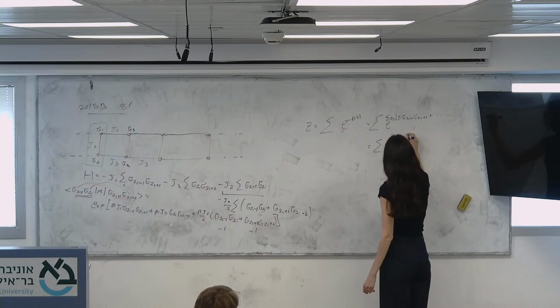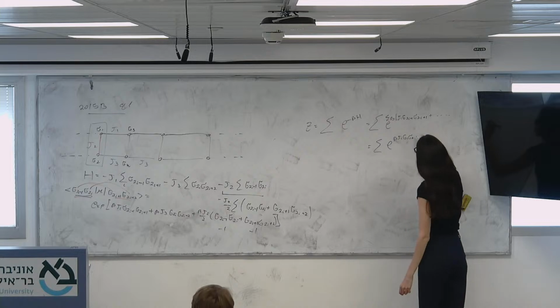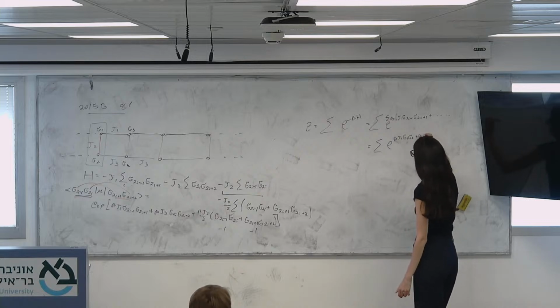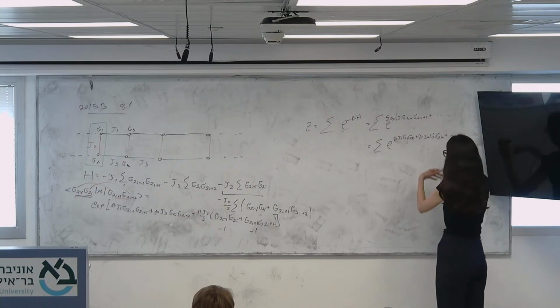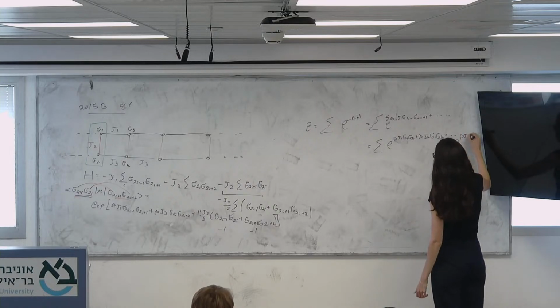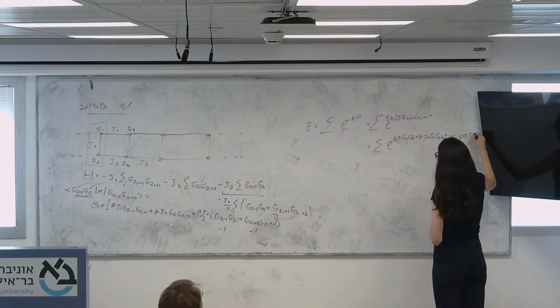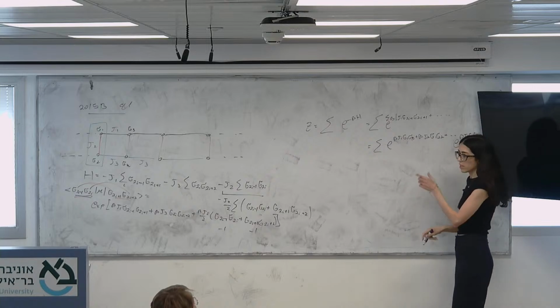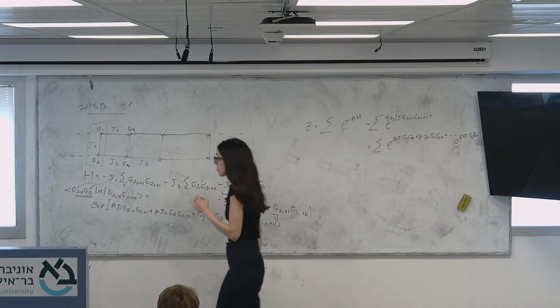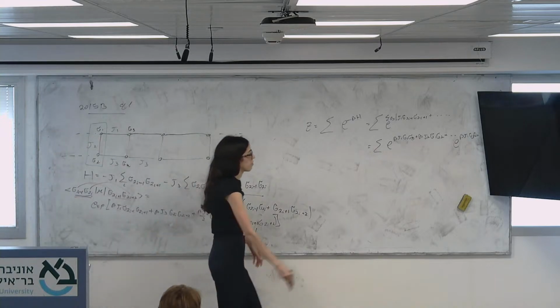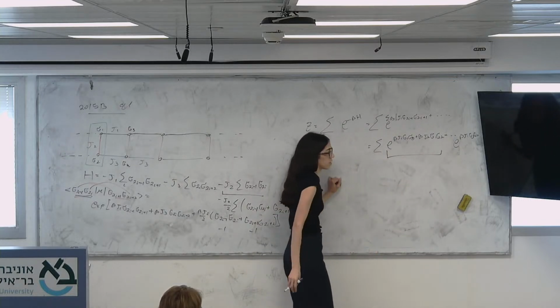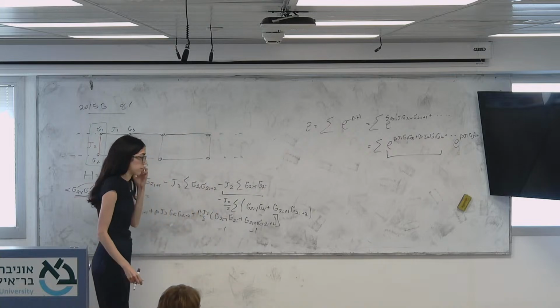So beta J1 sigma 1 sigma 2, plus beta J2 sigma 1 and 3, plus beta J2 sigma 1 sigma 2 and the rest, and then exponent of beta J1 sigma 3 sigma 4, and then for each of those 4 spins, like 1, 2, 3, 4, you're going to have one exponent that's going to be defined as the transfer matrix.